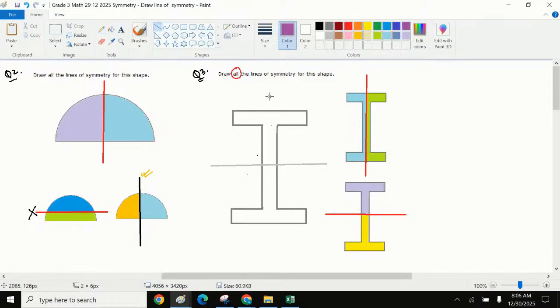That would be a vertical line also, right? So this shape has two lines of symmetry because this shape can be broken down into two shapes that would look exactly the same, right? So there are some special cases where you have more than one, okay?